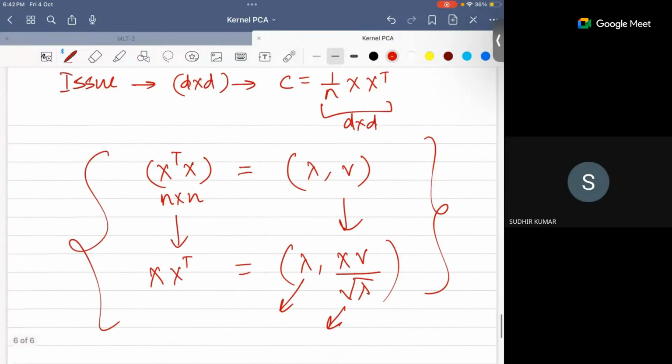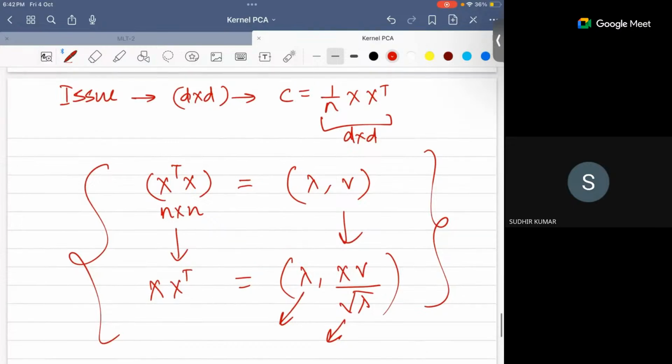And the same thing if you start with 1 upon n times x transpose x. Suppose for this, lambda and v are the eigenpair. Then for x transpose x, the eigenvalue will become n lambda, correct?